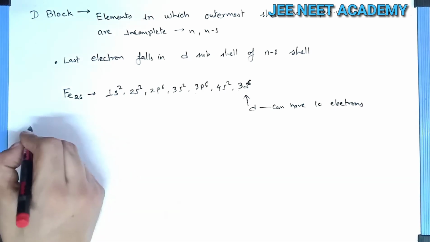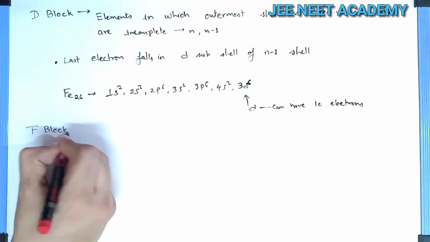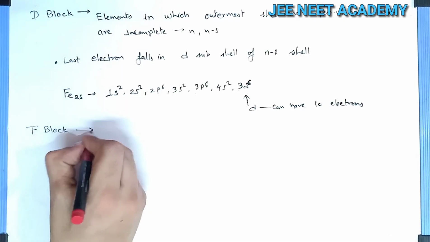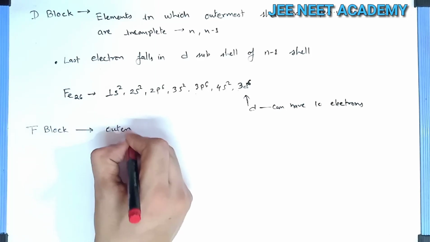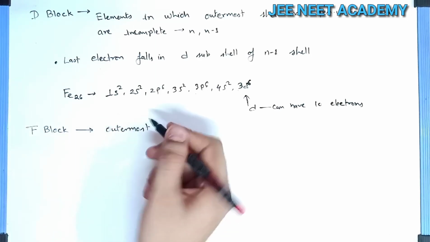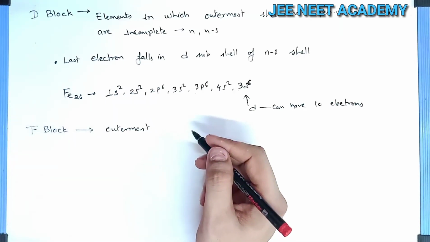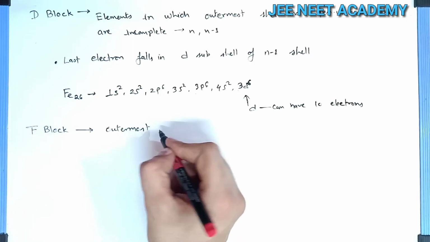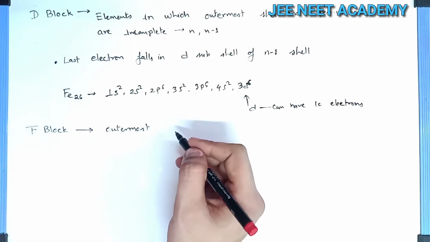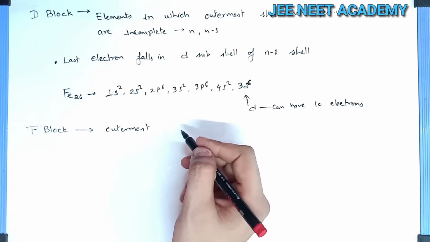F block element. Outermost shell, penultimate shell, anti-penultimate shells are incomplete for the F block element. Anti-penultimate shell means the third last shell.